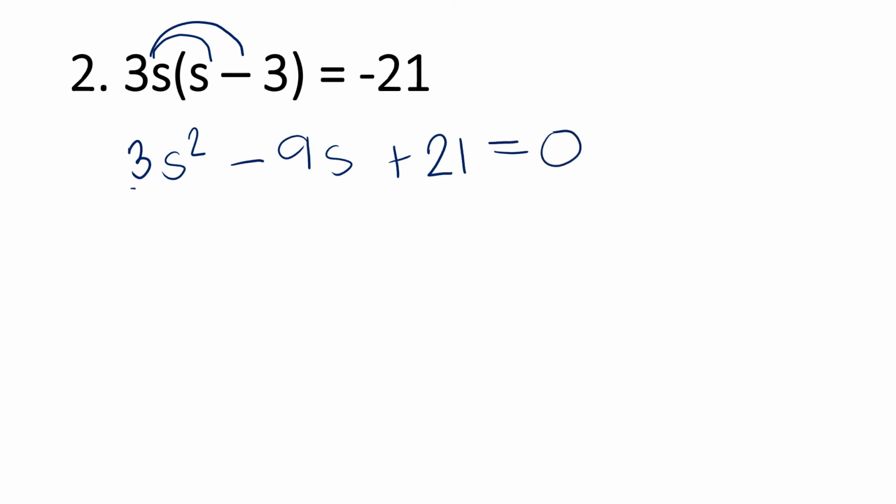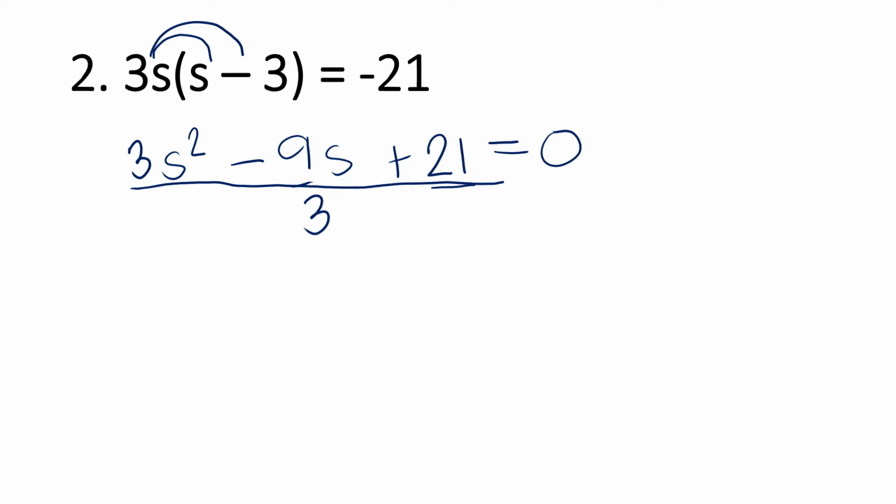We're going to notice 3, 9, and 21 are all divisible by 3. So to simplify this further, we can divide the whole equation by 3, if and only if all our terms are divisible by a certain number.